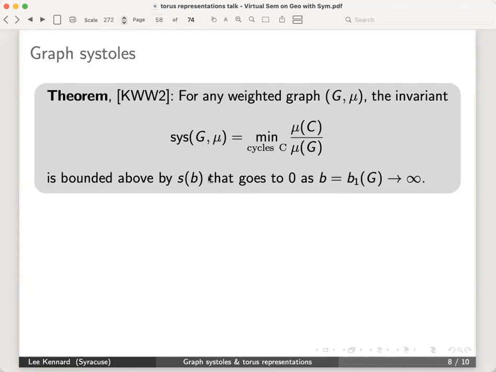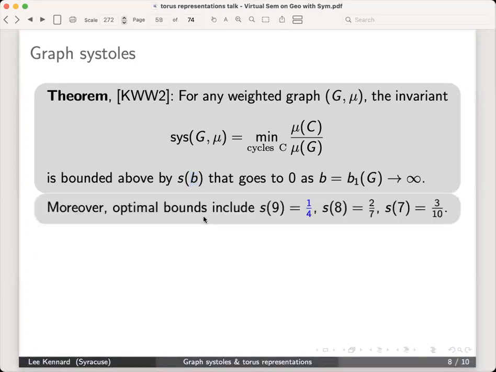All right. So just to say something obvious, the Betti number doesn't depend on the number of edges. Remember, the number of edges was like the number of representations. So this only depends on the Betti number. And moreover, we prove optimal bounds for Betti numbers up to 9.